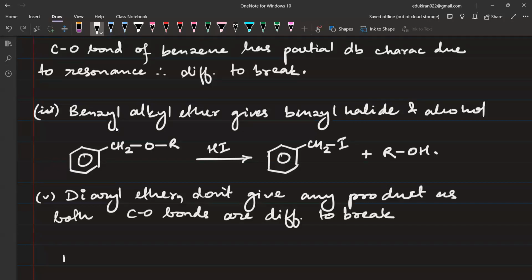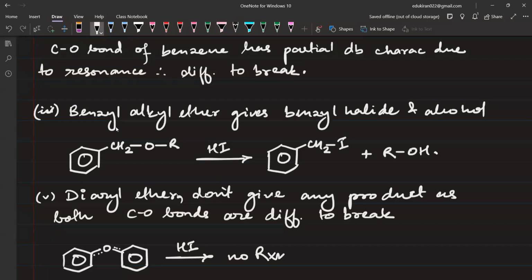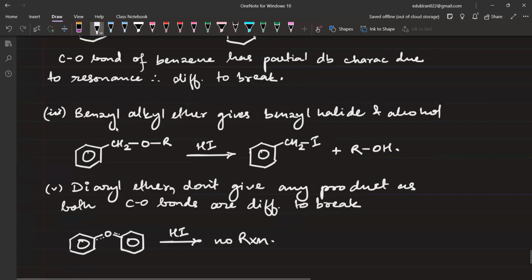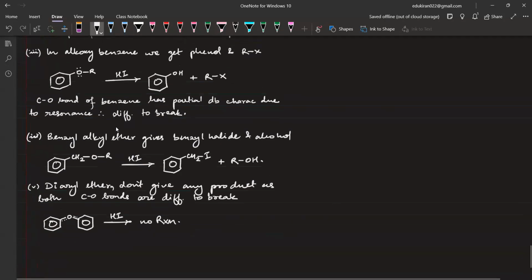What is diaryl ether? You have benzene ring, O, and then you have again a benzene ring in the presence of HI. Now this is also having double bond character. This is also having double bond character. That is why there will be no reaction. Copy this down itna.